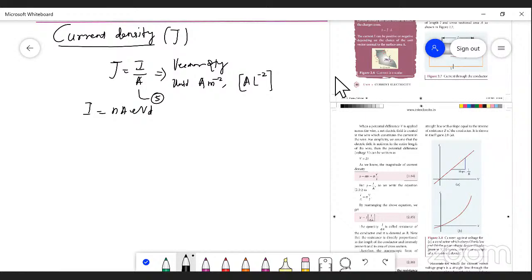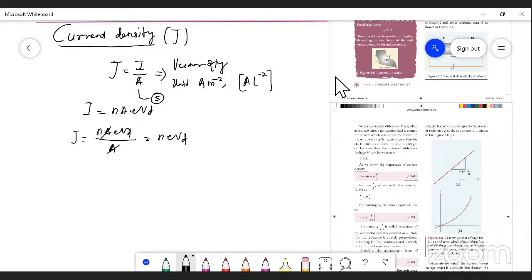Substitute the value of current in expression 5. You will have J equals nAe vd divided by A. The A cancels out. We will get n e vd. Current is nAe vd. Current density is n e vd.